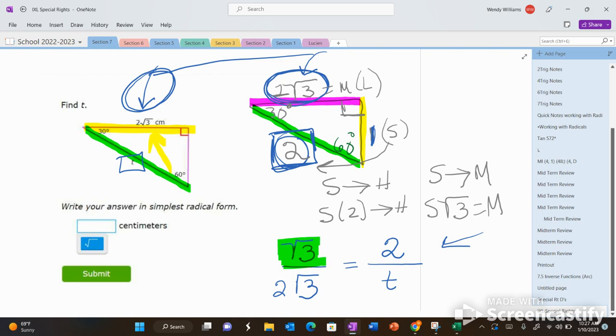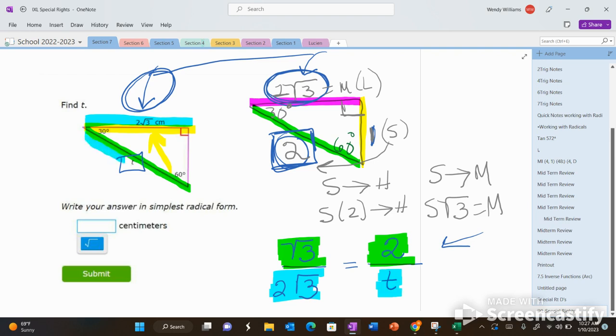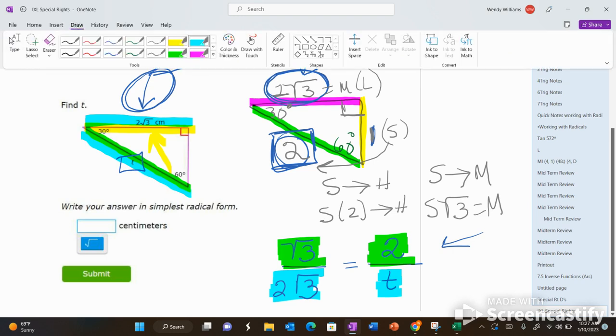Original square root of 3 is the medium. 2 is the original hypotenuse compared to 2 square roots of 3, which is the new medium, compared to T, which is the new hypotenuse. Cross multiply and solve.